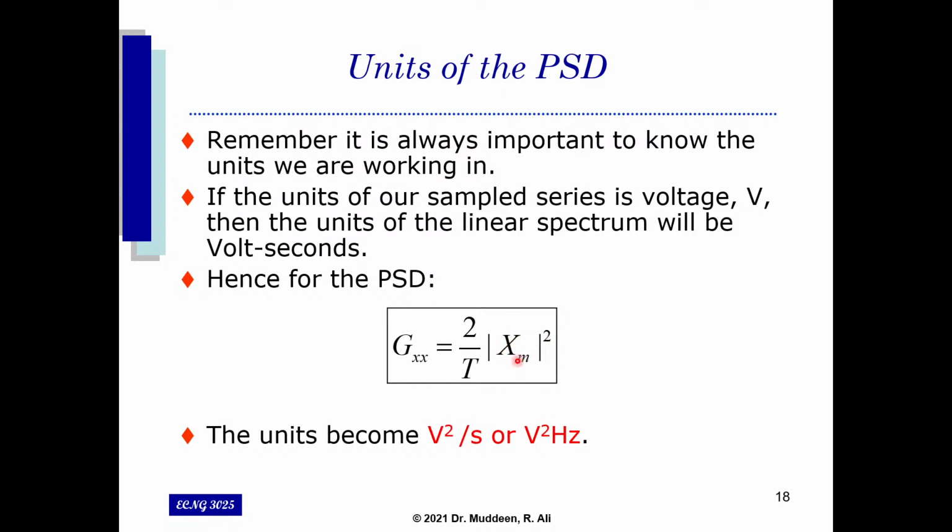So just remember that the T here is the periodic time, or the estimated periodic time. X of m here is the frequency content of the signal that's going to be squared. And the reason why we have 2 here is to make sure that you only go from 0 to fs divided by 2.